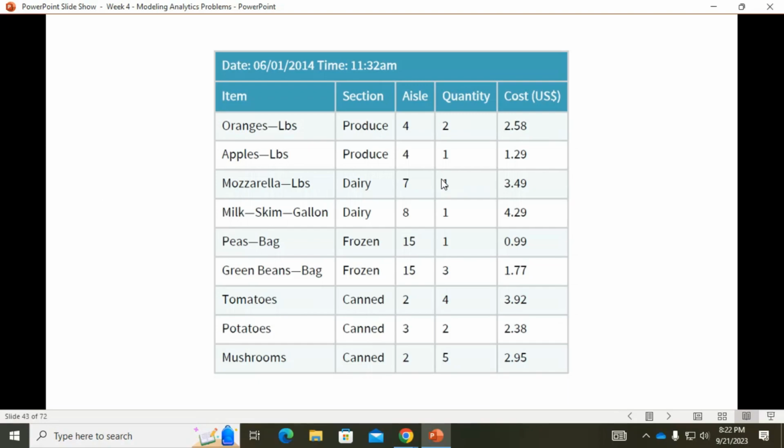Okay, so let's take a look at these and see if we can identify what they are. Let's take item first, the item itself, like oranges, apples, mozzarella. Of the 4 types that we just talked about, nominal, ordinal, interval, and ratio, what type of data is that?